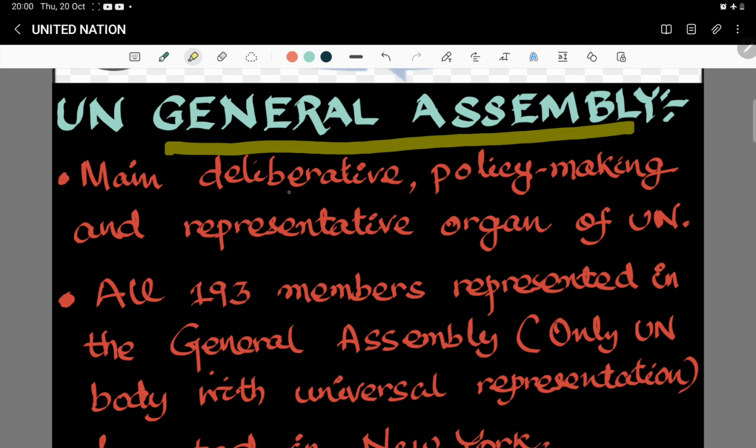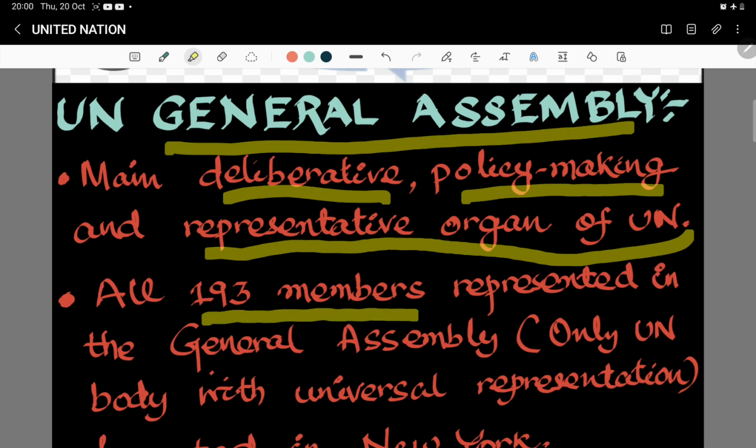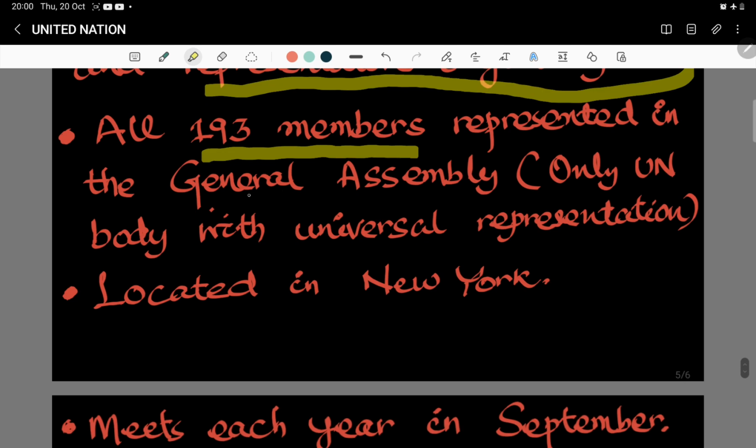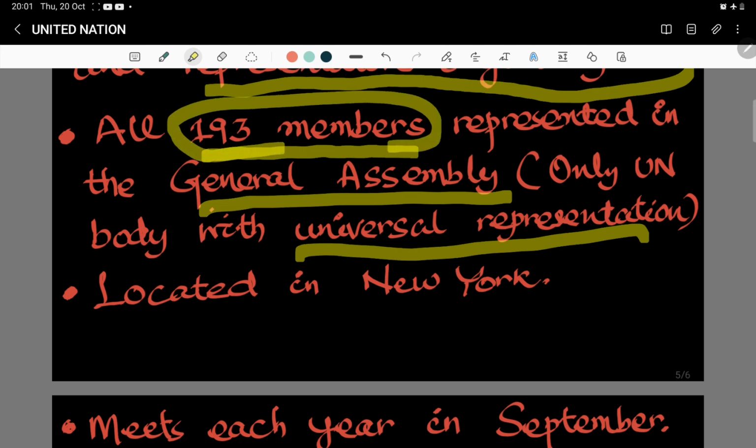It is the main deliberative, policy making, and representative organ of the United Nations. All the 193 member countries are represented in the General Assembly. It is the only United Nations body with universal representation, because here all the 193 members are represented.